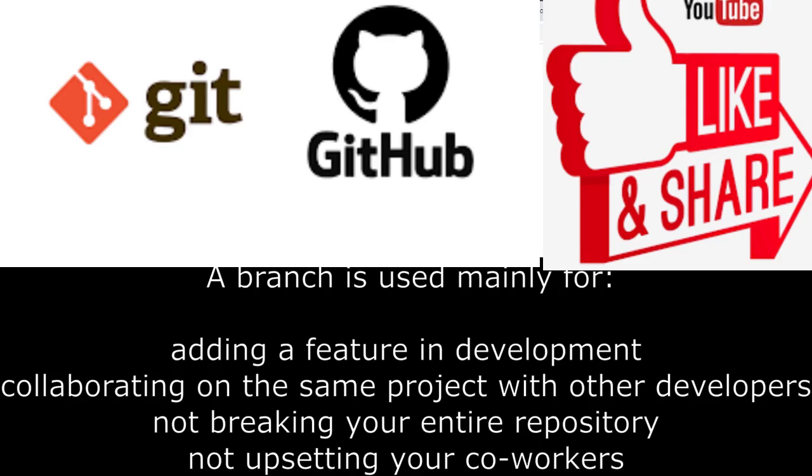And now a branch is also used for not breaking your entire repo. So rather than touching your entire repository, you're not too sure of this thing, but you want to see how it goes, you could put it in a branch. And a branch is also useful so that you don't do something that your co-workers will not like, will not approve, and they regret it later.